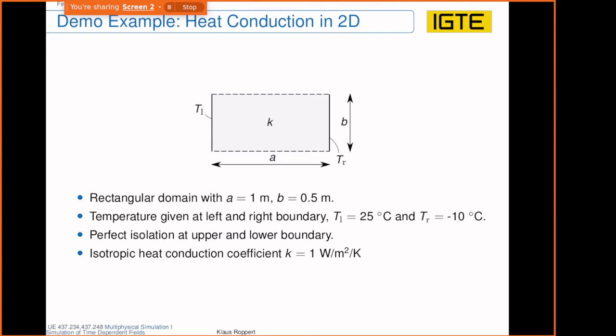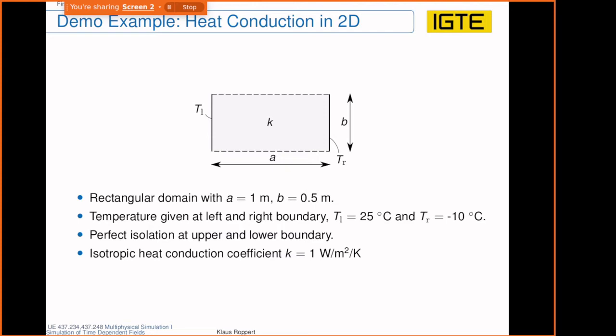So the PDE we're solving here today, or we're setting up, is the heat conduction equation in 2D. So in the lecture, I've seen you have already discussed the electrostatics equation, and this is the same type of PDE, just with a different interpretation of the material parameter.